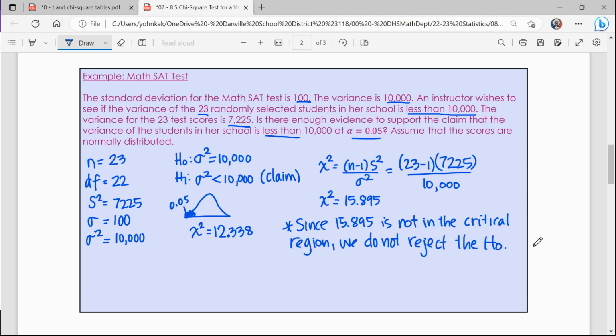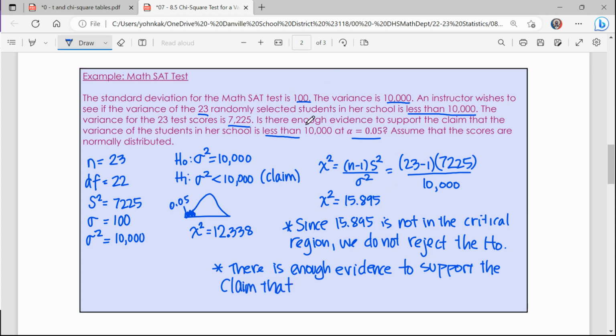All right, so we are not rejecting the null hypothesis, and our claim is the alternative, so there is enough evidence to support the claim that the variance is less than 10,000.